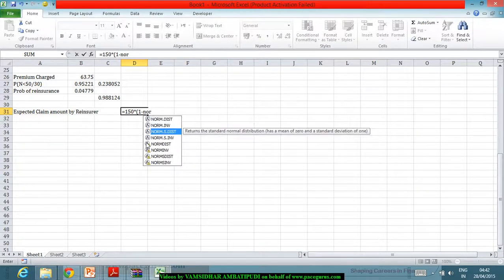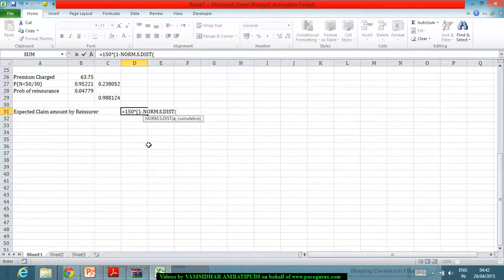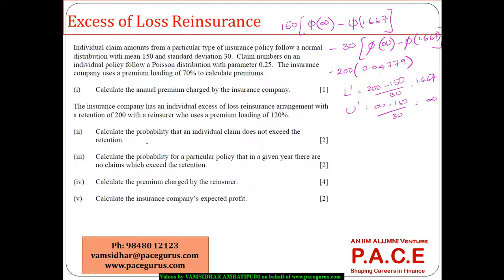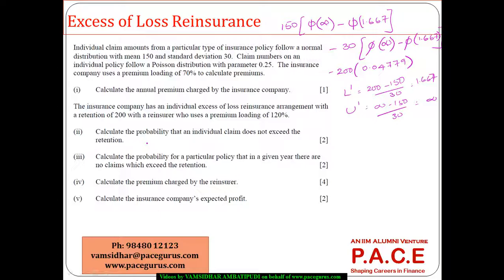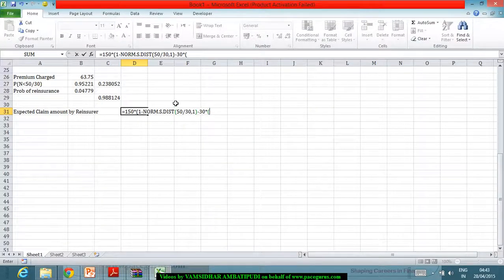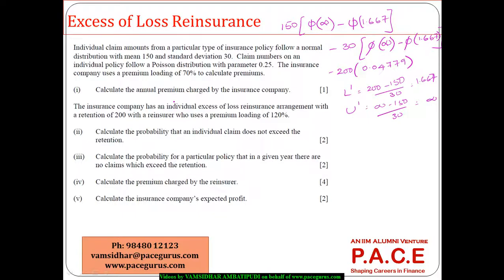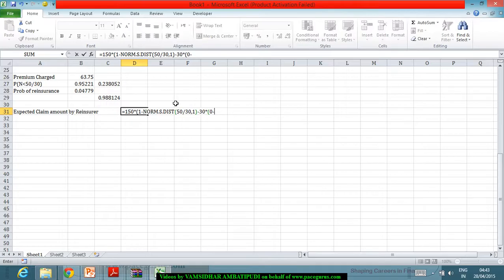So I can take the norm distribution of 1.667, or probably it is 50 by 30, comma 1. So this is one side, minus 30 times the small phi of infinite, which is 0, minus small phi of 1.667.